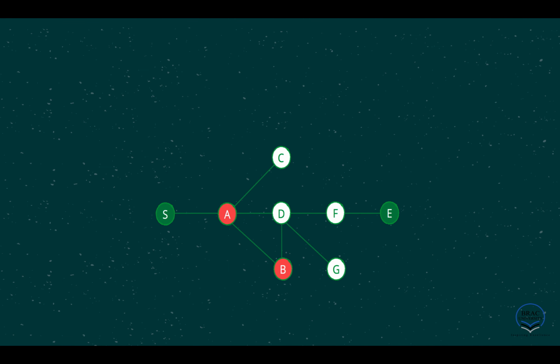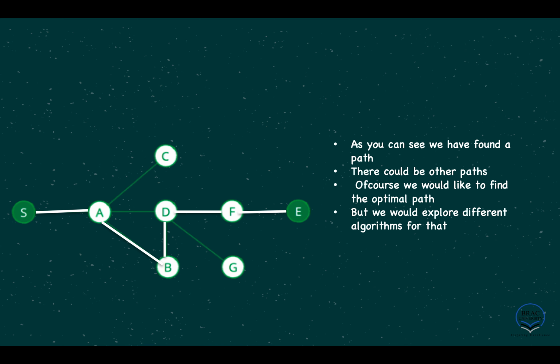As you can see, we started from S, then we go to A, then B, then D, and then F, then E. We could go to C, but if we go to C, we would not have any place to go, so we would have to come back to A. So, as you can see, we have found a path which starts from S, then A, then B, then D, then F, and then E. There could be other paths like S to A, then directly to D, then F, then E. So we have multiple paths, but this is the path we found.